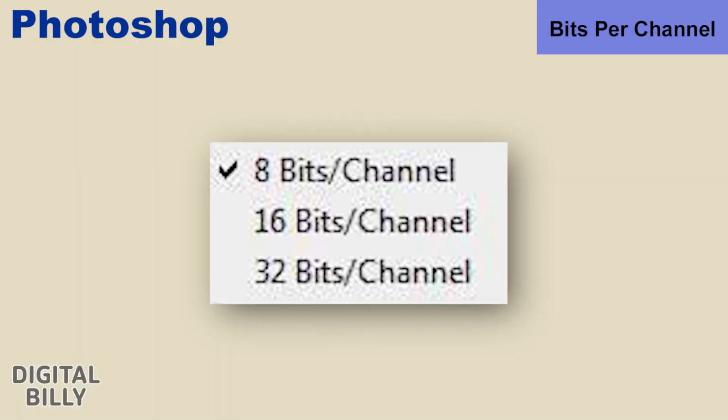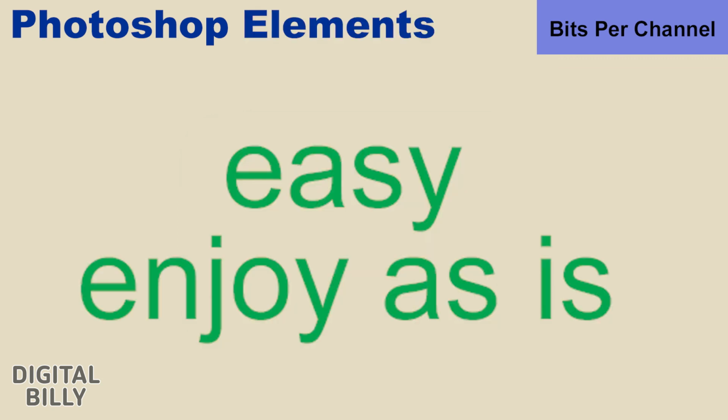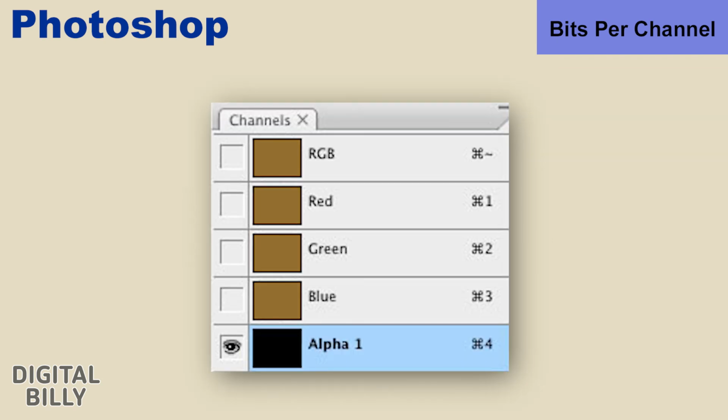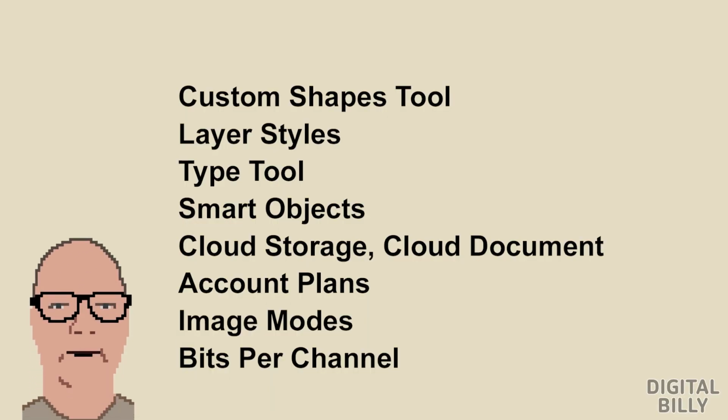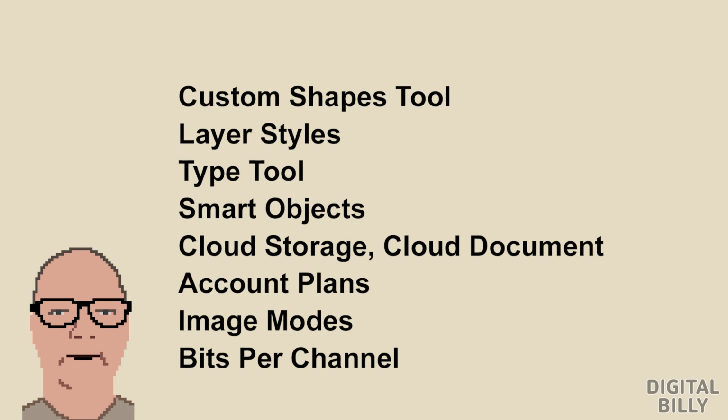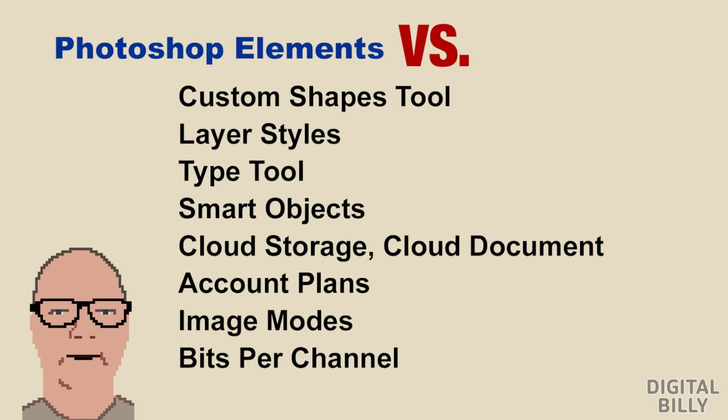Of course, more bits per channel creates a more complex and larger image. And Photoshop Elements is meant to be simple. And Photoshop does indeed have channels, one for each color of its file mode, as well as alpha channels. And this concludes looking at this list of key differences between Photoshop Elements 2022 and regular Photoshop.